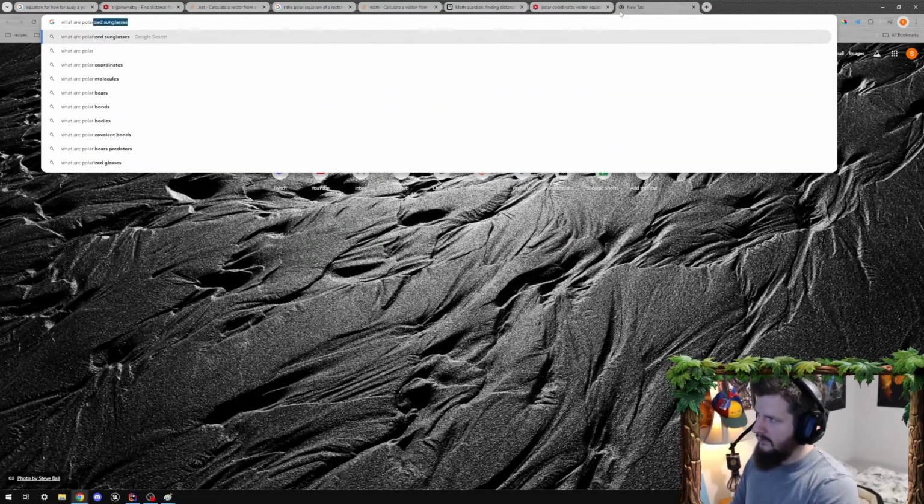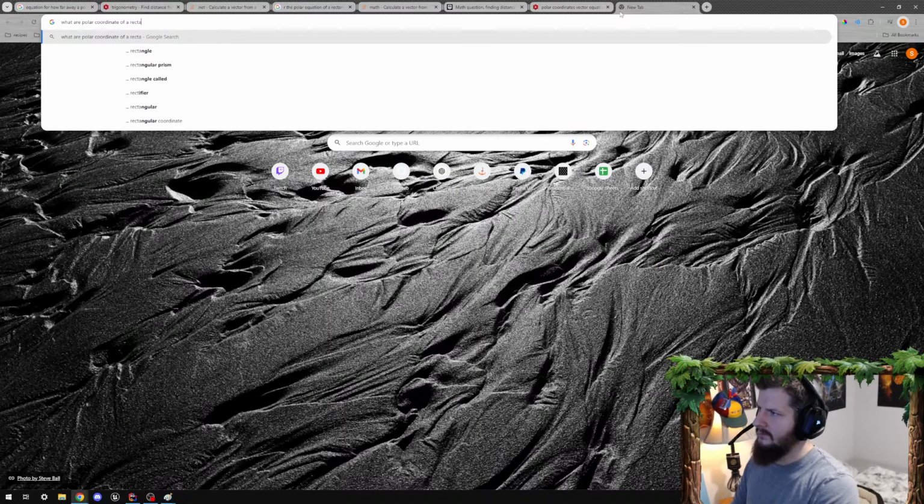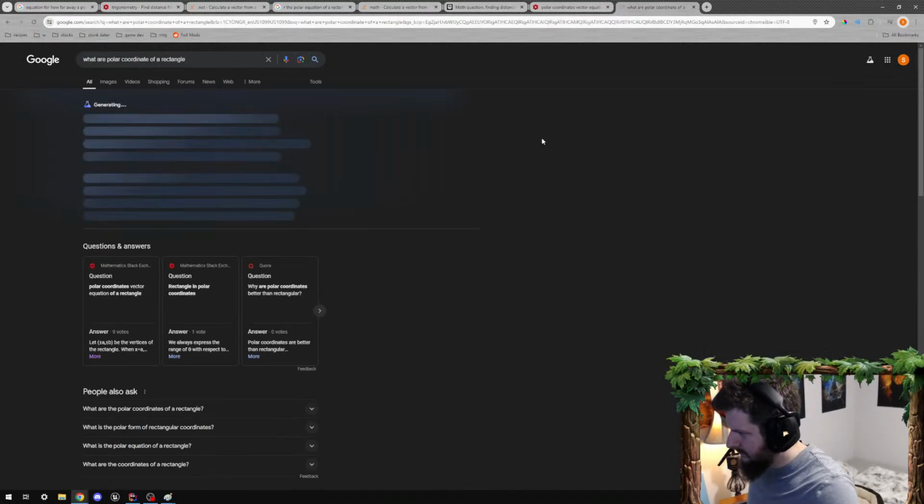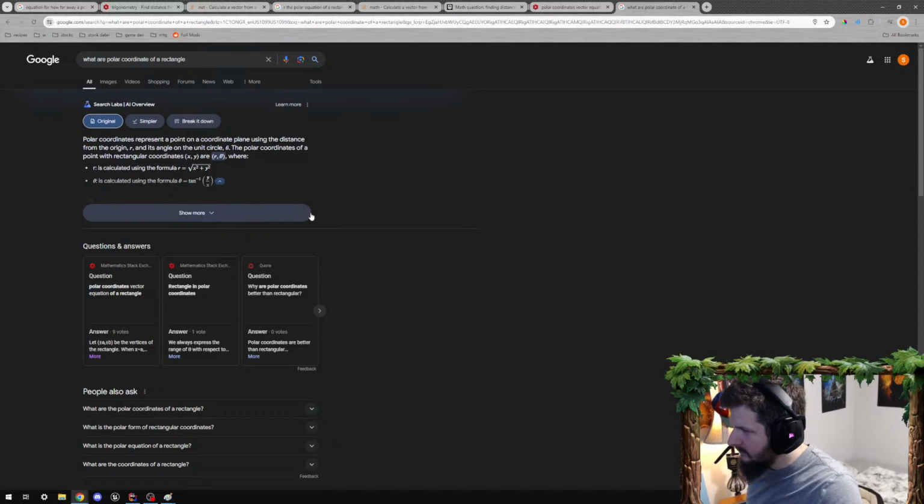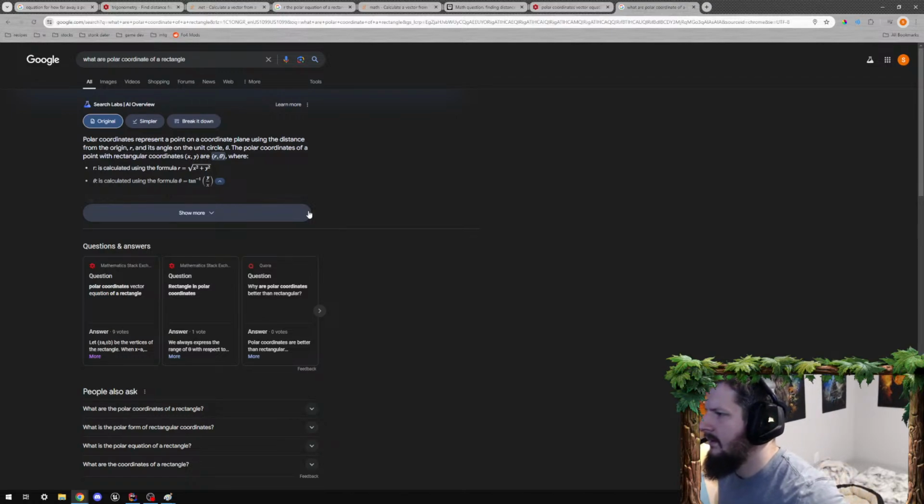What are polar coordinates of a rectangle? Represent a point on a coordinate plane using the distance from the origin and its angle on the circle.